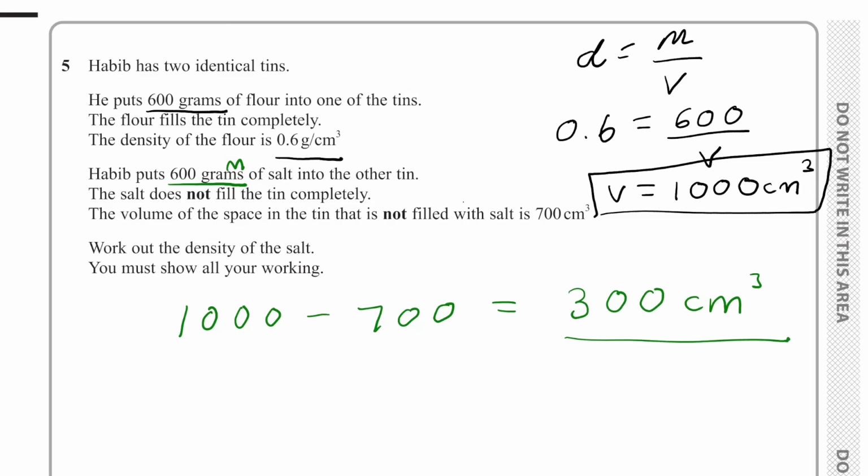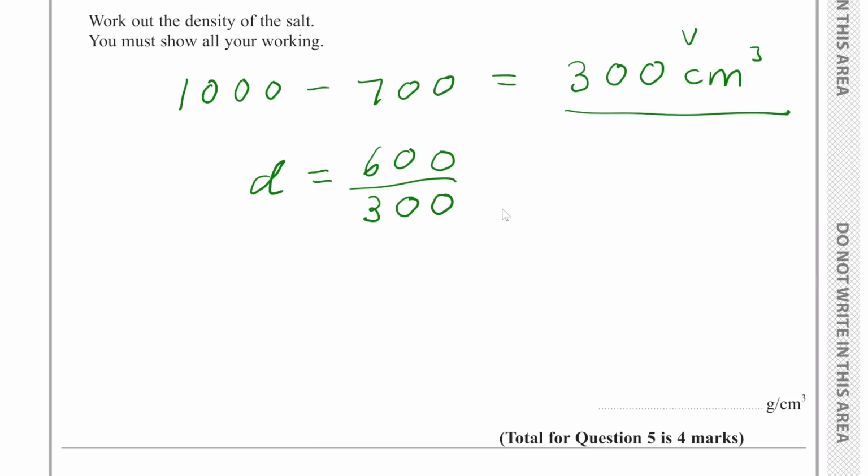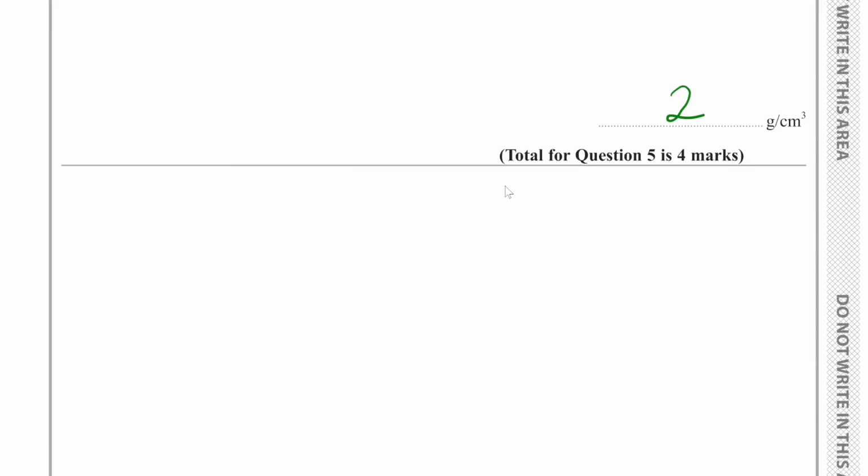So that's the volume of the salt. We've got the mass of the salt, and the question, work out density. So density is mass divided by volume. 600 divided by 300, 2 grams per centimeter cubed.